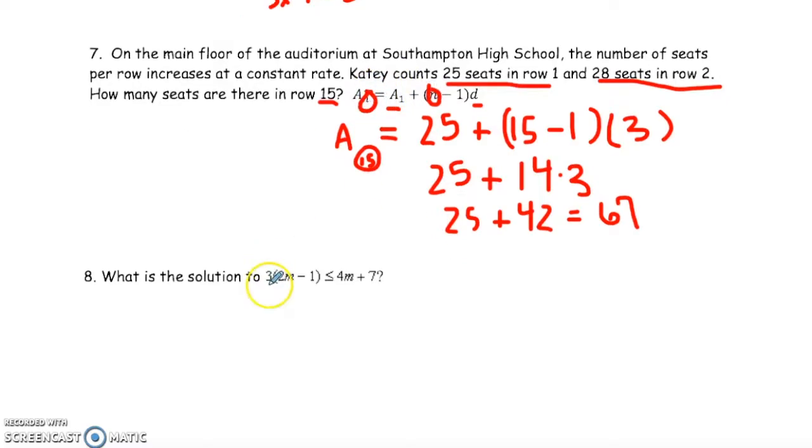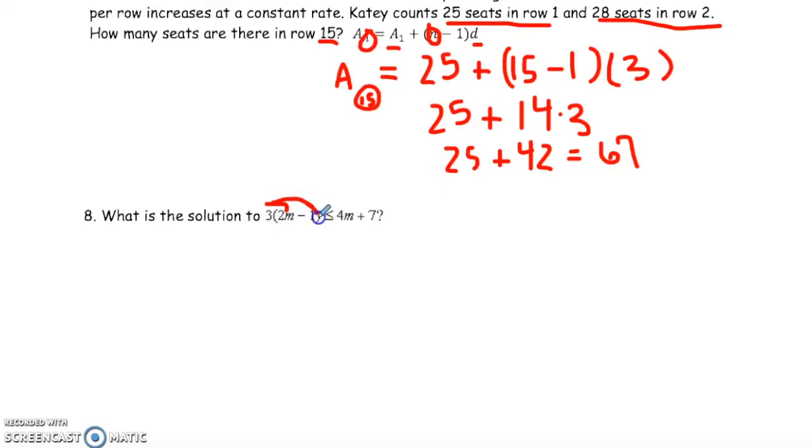What's the solution? We're going to distribute. So we have 6m minus 3 is less than or equal to 4m plus 7. We're going to scooch over that 4m.